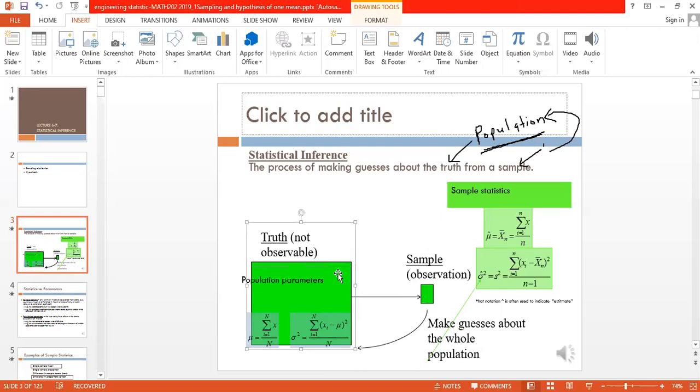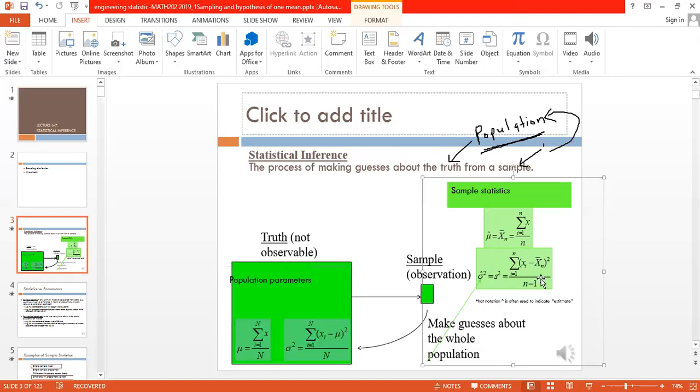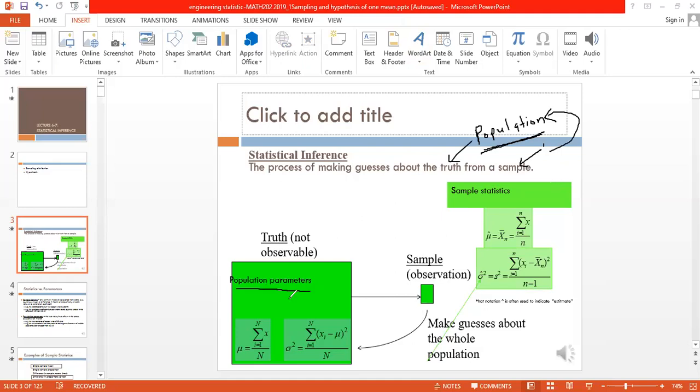When we talk about a statistic, we don't mean statistics as a science or a branch of mathematics, but a value estimated from a sample. A statistic is a value calculated from the sample observations or sample data, whereas population parameters are values calculated from the population data.